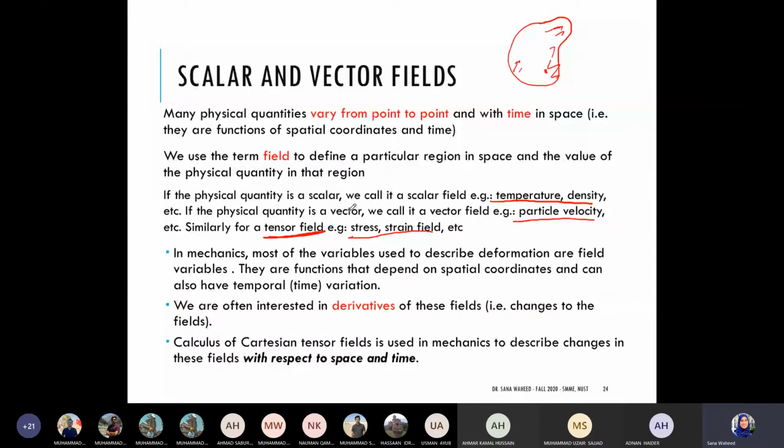So first thing, very often we're actually interested in these field variables rather than just a tensor at one point. Number two, often we're interested in what's happening to these fields as we move in space or as we change the time. That is, we're interested in the changes in the field, so we're interested in the derivatives of these fields either with respect to space or with respect to time.